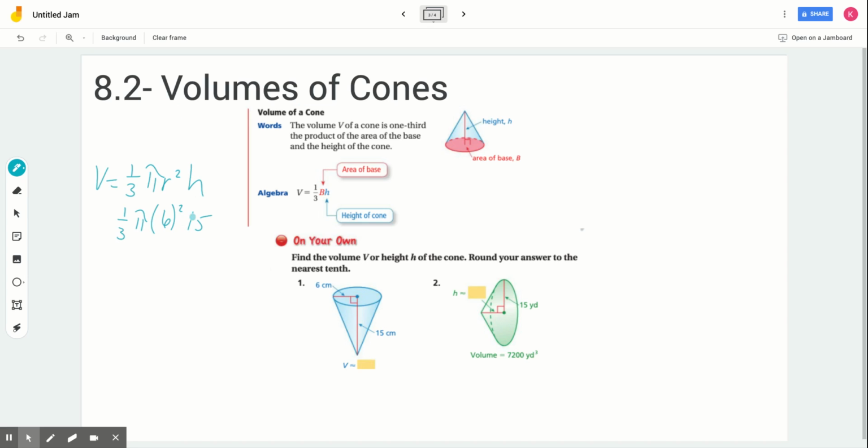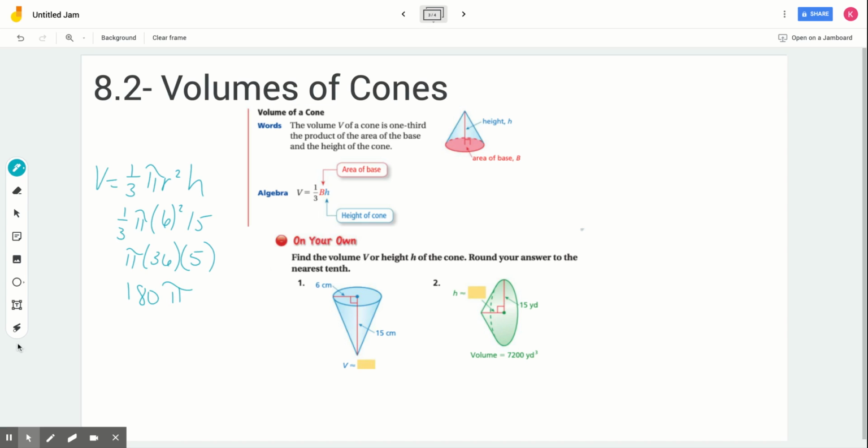Now we can do the best simplifying that we can before working out our multiplication and division. We know that 1/3 of 15 is 5. So pi times 6 squared is 36, times 5 is 180 pi.